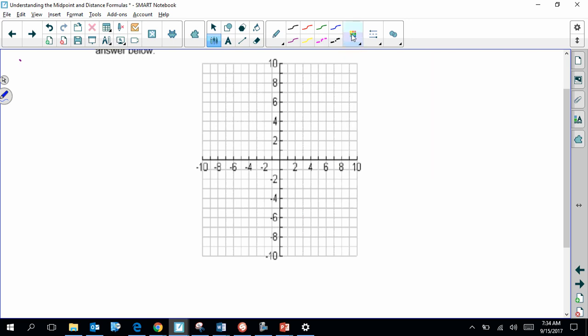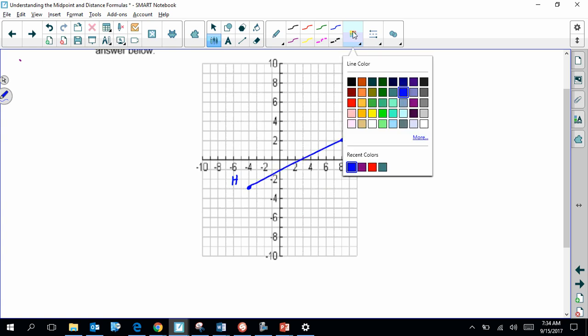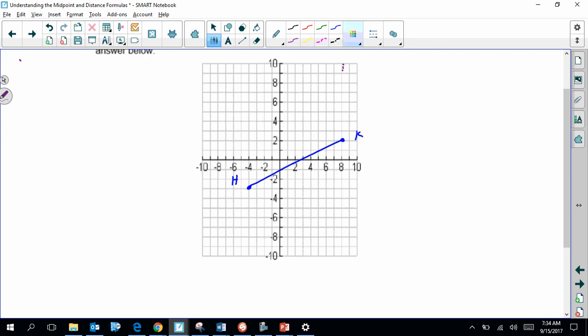We have two coordinates here: -4 and -3 for point H, and 8 and 2 for point K. It tells you to draw a dotted vertical line through point K, where x is equal to 8, and a dotted horizontal line through point H, where y is equal to -3.